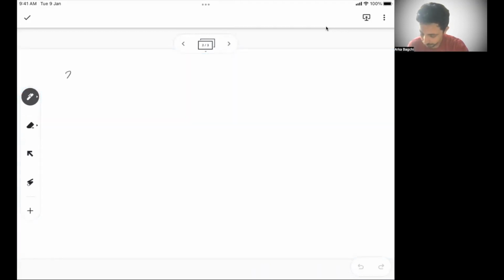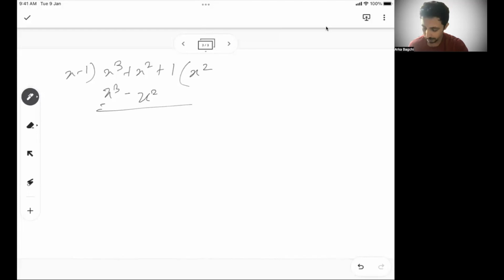So if I do x minus 1, x cube plus x squared plus 1, I'll multiply with x square first. So what I'll get is x cube minus x square. This minus this gets plus, so I'll get 2x squared plus 1.